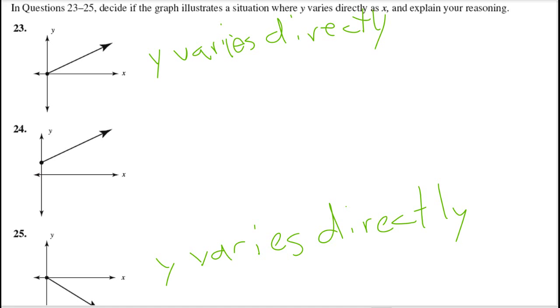Since I start at 0, if I double my x, I'm going to double the amount that y has gone below 0. In question 23, if I double my x, I double my y. But question 24 does not vary directly.